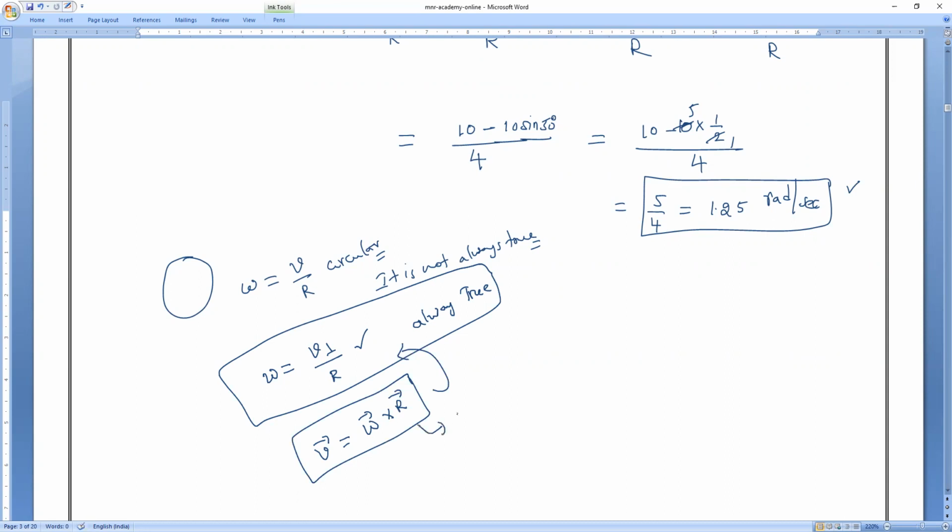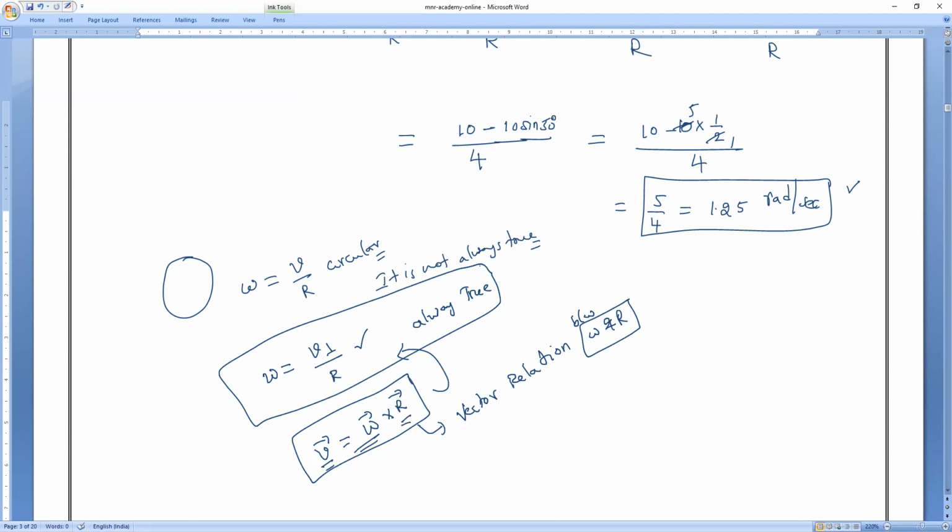This is what we used to call a vector relation between omega and R. Whenever you get a vector relation between omega and R, you should write this one. So velocity is equal to angular velocity into radius. Already we derived this.